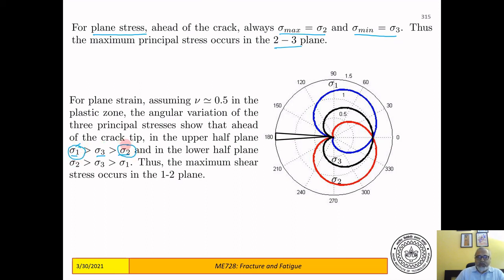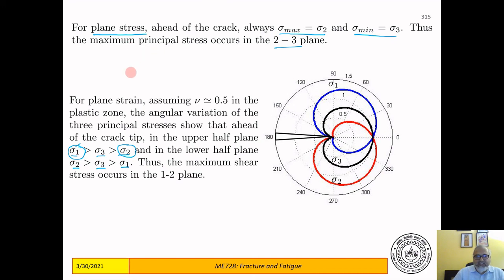sigma min is 2. That means the principal shear stress, which is half sigma 1 minus sigma 2, occurs in the 1-2 plane. In the lower half, sigma 2 is the largest, sigma 3 is intermediate, and sigma 1 is minimum, and therefore sigma 2 minus sigma 1 gives you the maximum principal shear stress, which again occurs on the 1-2 plane.